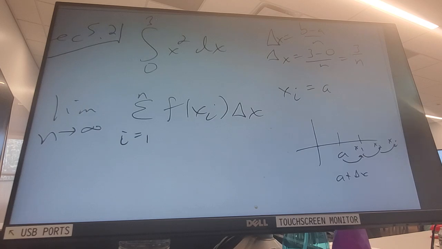So how many steps does it take to get to xi? How many steps to get to x3? 3. How many steps to get to x4? How many steps to get to xi? I. All I is, they didn't tell me what number it is. If they say x7, I go 7. 11, I. There you go. Whatever i is, that's how many steps it takes to get to it.